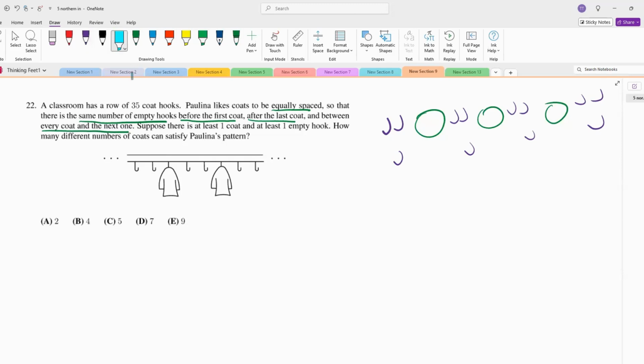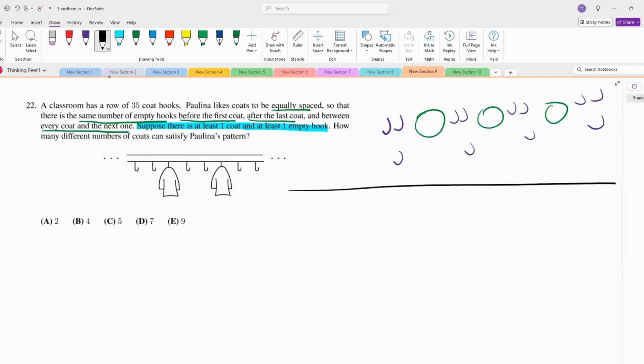And then it also tells us that suppose there is at least one coat and at least one empty hook, right? It has to have at least one coat and at least one empty hook, meaning 0 coats are not allowed and 35 coats, where all of the hooks are occupied, is also not allowed, right? Usually, to solve problems like these, I try to draw a certain number of options.